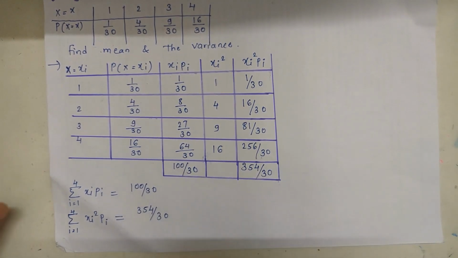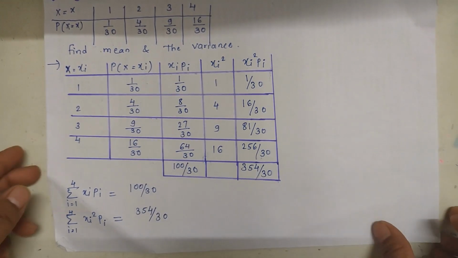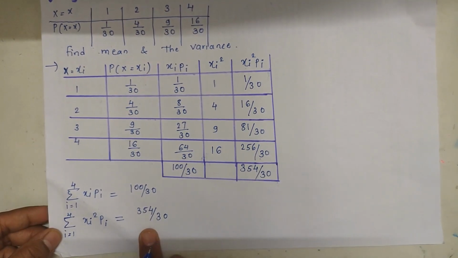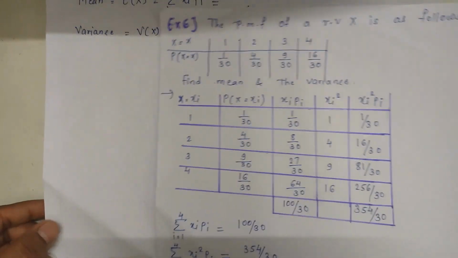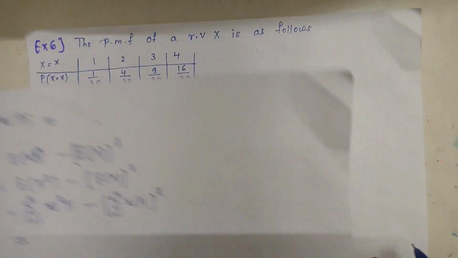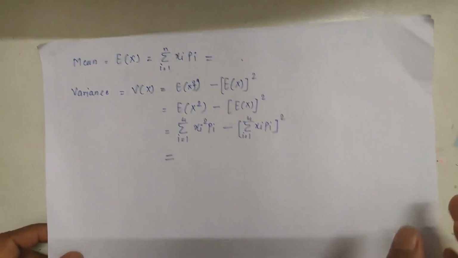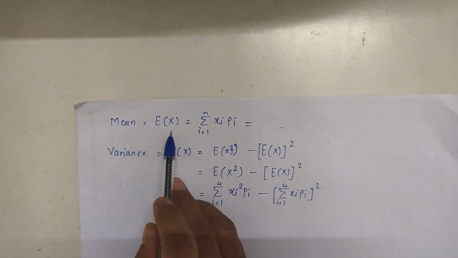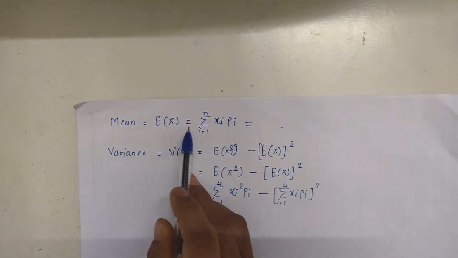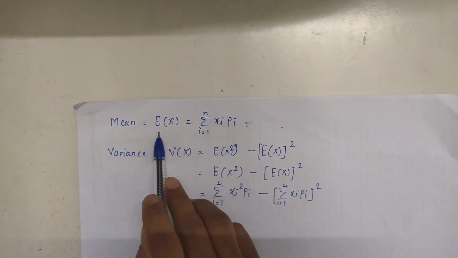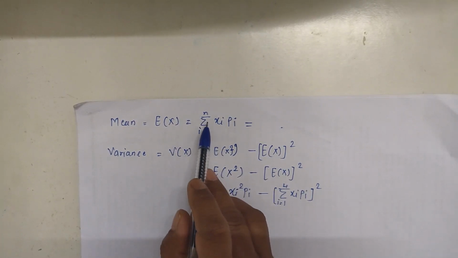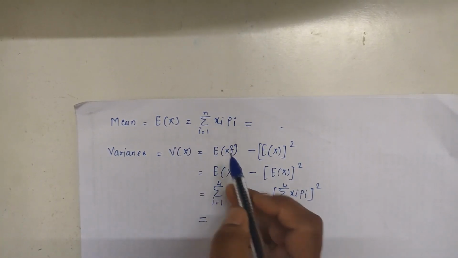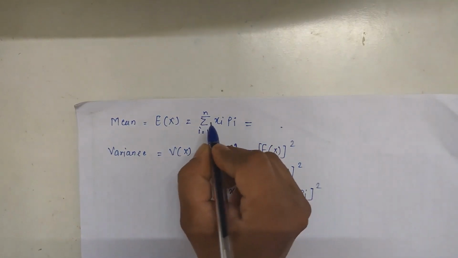So write in this form summation xi pi and summation xi square into pi. The mean is denoted by E of x, and the formula for expected value of x is equal to summation xi pi for i is equal to 1 to n.